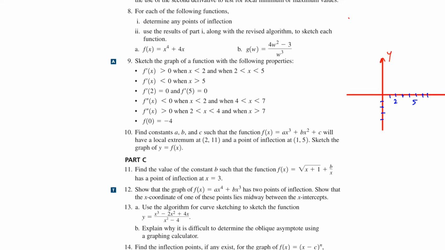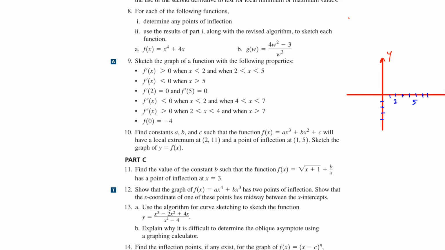Next question, question number 9. Sketch the graph of a function with the following properties. f prime of x is positive when x is smaller than 2 and between 2 and 5.